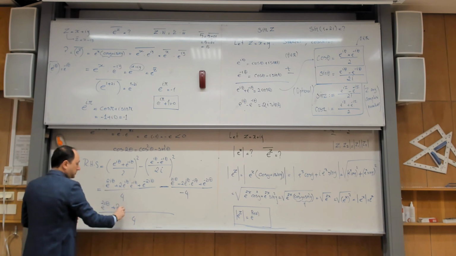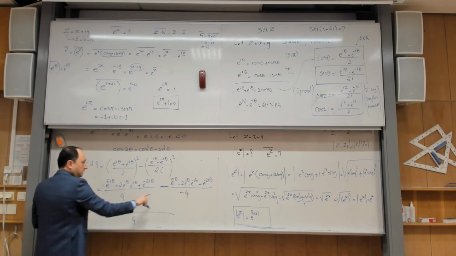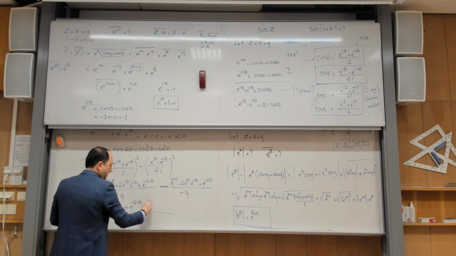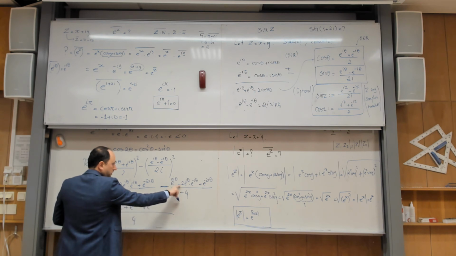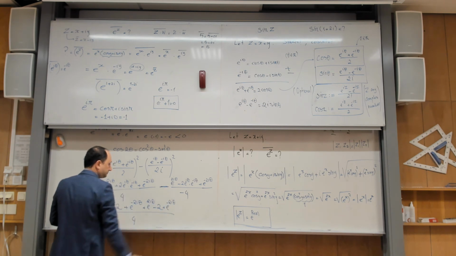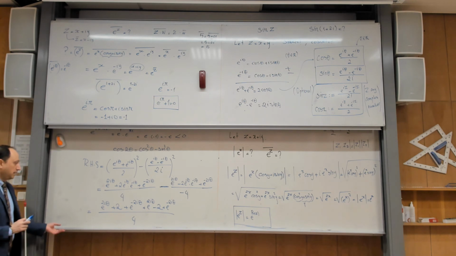And then I will have this. And then, remember, this is positive sign. So this becomes e to the power of 2i theta. This is minus 2. And the other one is e to the power minus 2i theta. Yes? And now what happens?